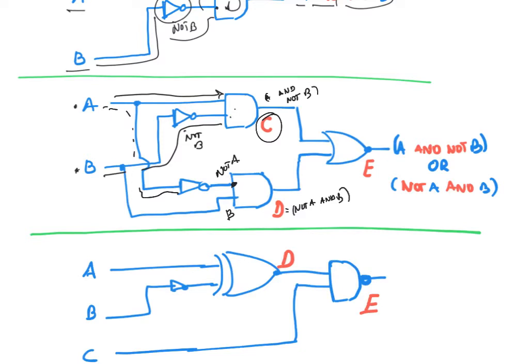And then we have an OR between those two, right? So what we're going to have in the end is the first one, C, A and not B, and an OR between that result and not A and B, which is the result of the D part. So this is D, this is C, and the result of this is E, right?